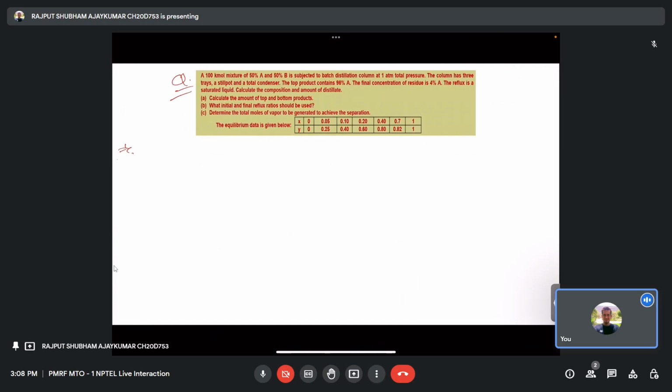We have been given equilibrium data also, so we'll start processing with the data given to us. If you carry out the total material balance, F equals D plus W. Feed is given as 100 kilomole of mixture, equal to distillate plus residue, which we don't know.